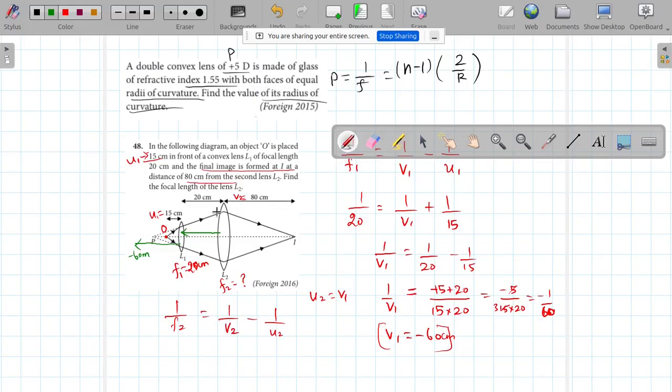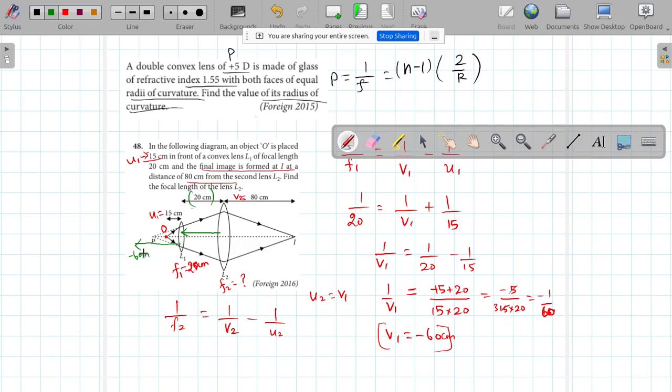In the image they have given 20 centimeter. Actually, I think we have to take the distance between the two lenses as 20 centimeter. It is not mentioned in the paragraph. I had some confusion, so this 20 centimeter must also be included.